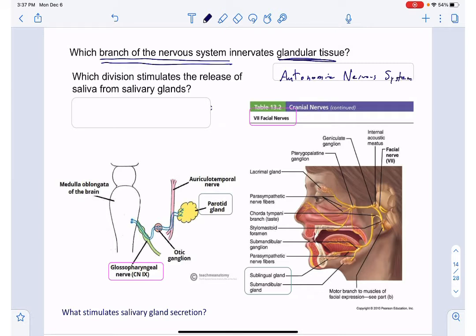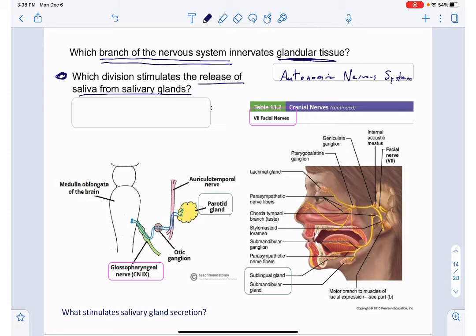And there are two branches of the autonomic nervous system. There is the sympathetic division, the fight or flight division, and there's the parasympathetic division, the rest and digest division. And so my next question is, which of these two divisions is going to stimulate the release of saliva from the salivary glands? The sympathetic system or the parasympathetic system?